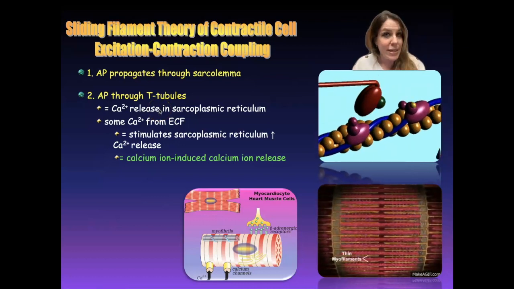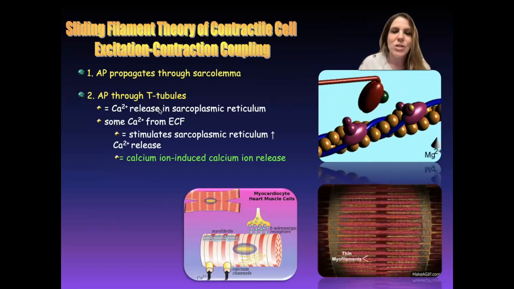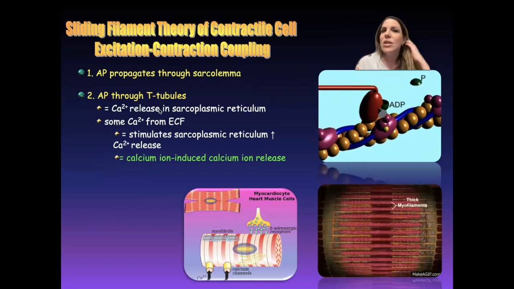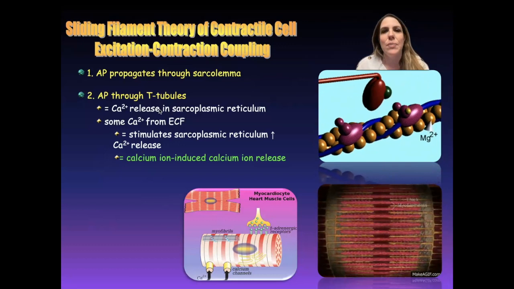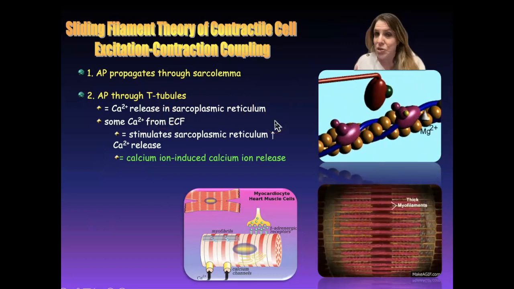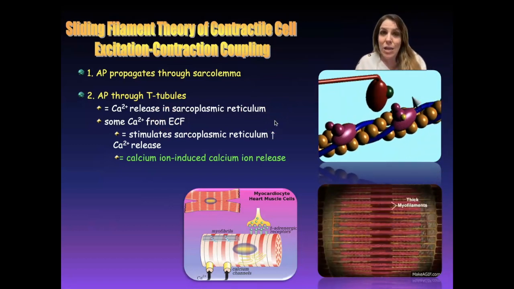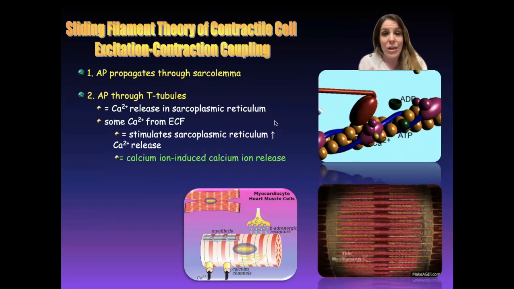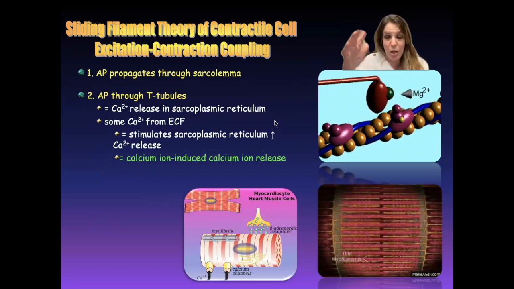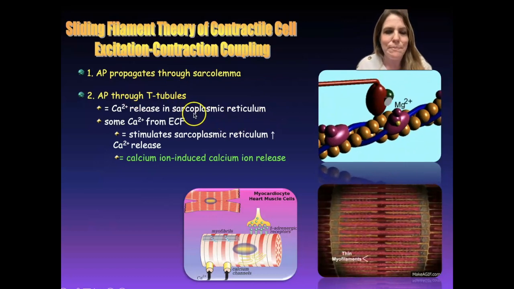However, here's a slight distinction between what happens in contractile cells versus what happens in skeletal muscle cells. In skeletal muscle cells, most of the calcium is being generated from the sarcoplasmic reticulum, which is just a muscle cell's version of the endoplasmic reticulum. And in skeletal muscle cells, very little of that calcium is coming from outside the cell. Most of it's generated internally in this sarcoplasmic reticulum.